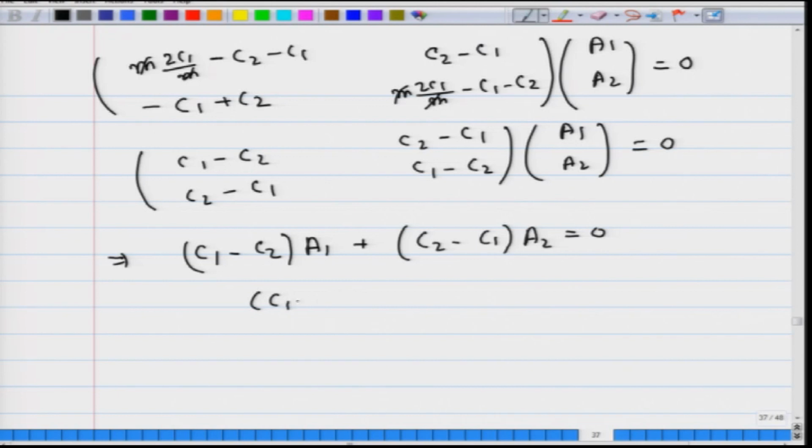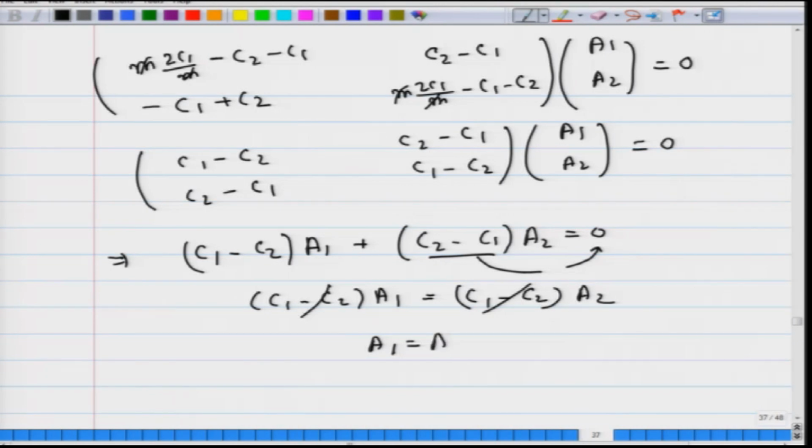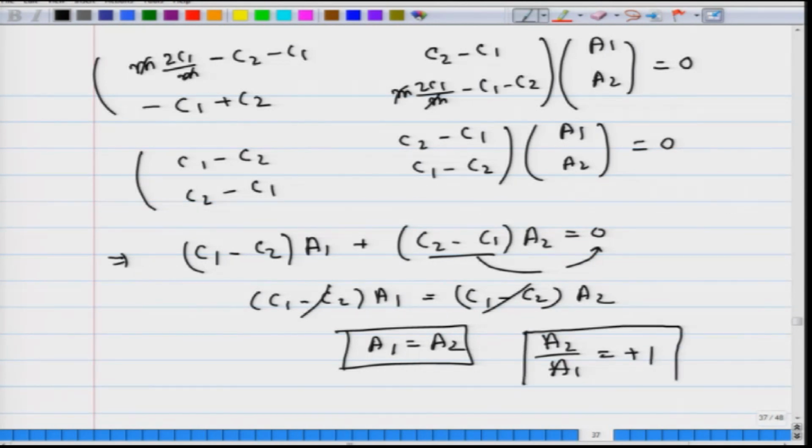So, C1 minus C2 into A1 equals to, they change sign, C1 minus C2 into A2, this both goes. So, A1 equals to A2. So, the ratio A2 by A1 will be plus 1. This is for the acoustic mode.